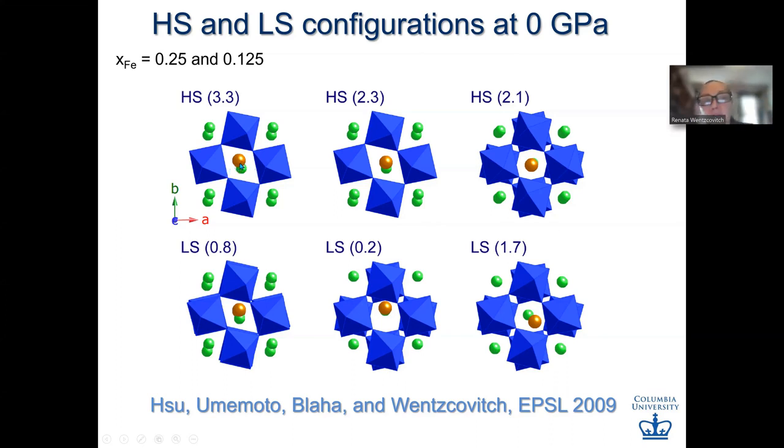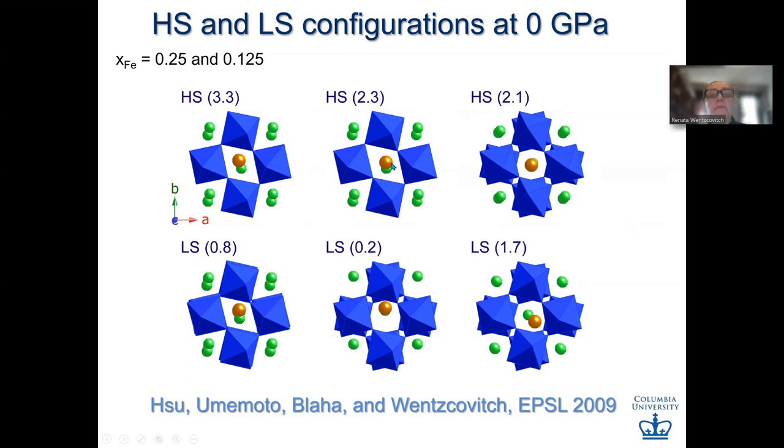Well, you start with iron in a certain position, then you displace it and optimize the structure. This is brute force, no sophisticated method for structural search here. You just displace the iron in all directions and see what you get, right? You start with the low pressure, high spin state, which is actually this one here.